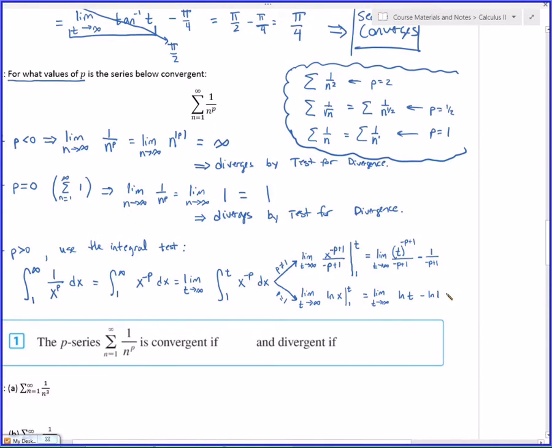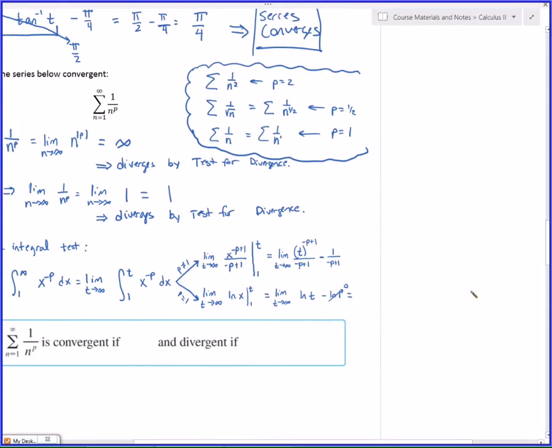Now the bottom one right here is easy. First of all, log of 1 is just 0. But what happens to the log of t as t goes to infinity? The log function as you go out to the right, you don't have to draw this, but it looks something like this.